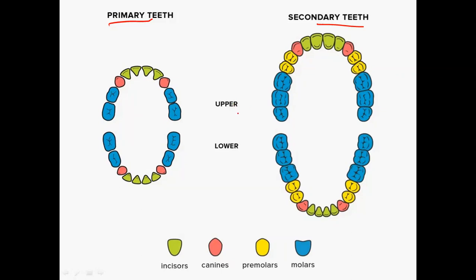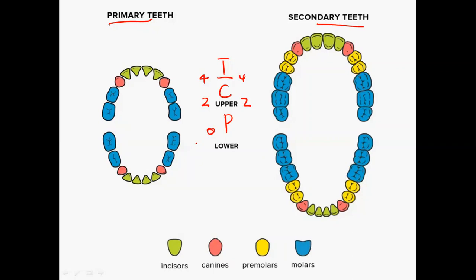So it's good I just give you all of it. So as I said before, incisors for primary teeth, we have 4 pairs, the same with secondary teeth. Canines, we have 2 pairs for primary, and 2 pairs for secondary. Premolars, we have no premolars. They're only unique to permanent.